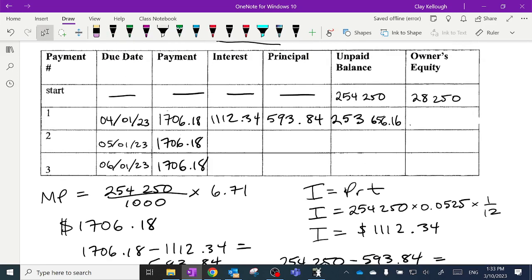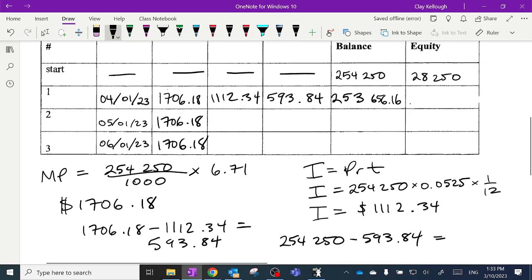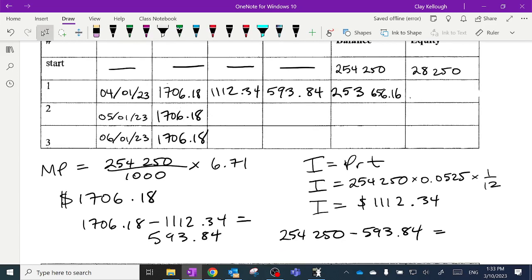How much of the house do I own now? Well, that's how much I paid on the down payment, and I just paid that much to principal. So add those two numbers together. I was going to try to do that in my head. Well, I know it's 84 cents. And then 3 add the 0 is a 3. 5 add this 9 would be a 4, carry the 1, and then 1 and 5 and 2 is 8.